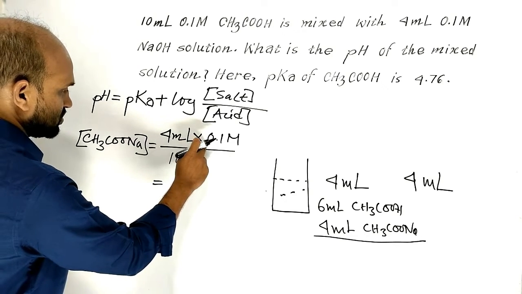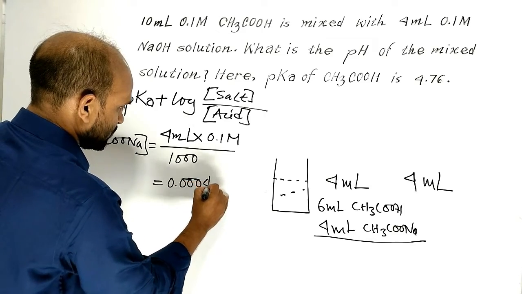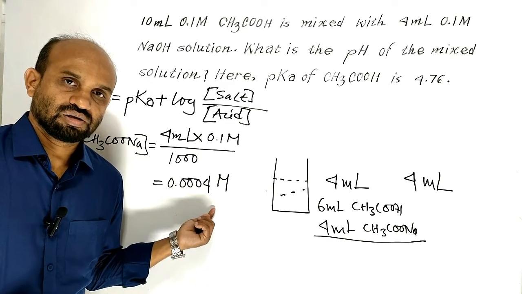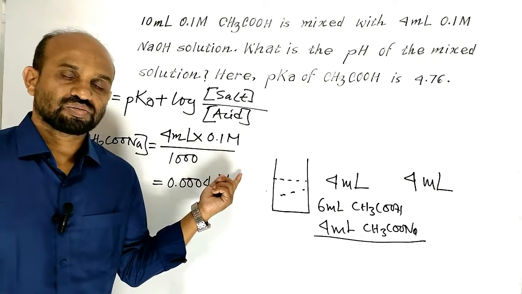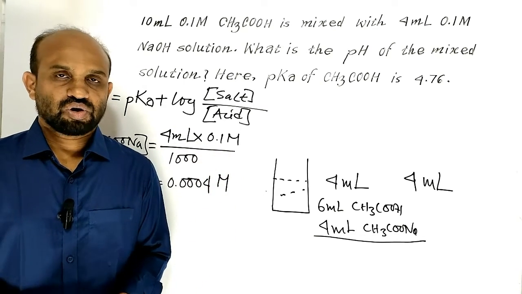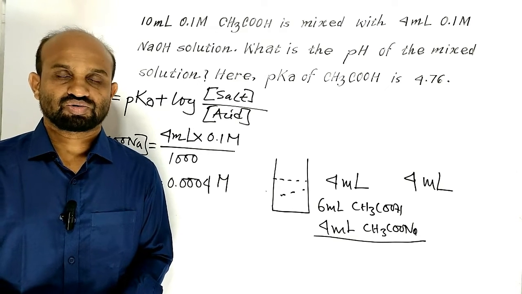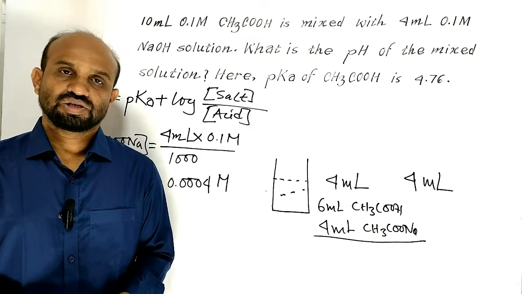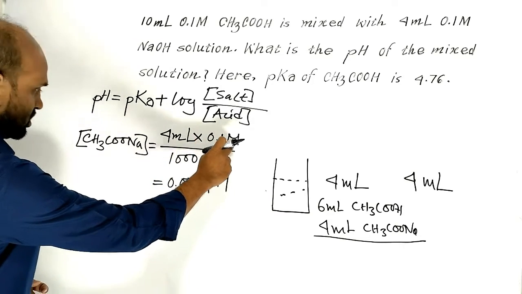Now this is equal to 0.0004 molar. This is concentration of salt, sodium acetate. The salt which is produced in the reaction from 0.1 molar acetic acid and 0.1 molar sodium hydroxide, the concentration of the salt will be 0.1 molar. That is why this is 0.1 molar.